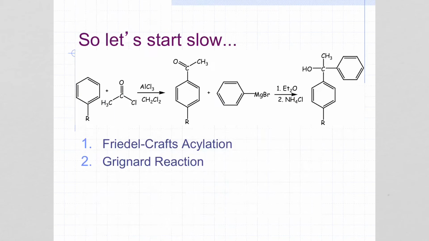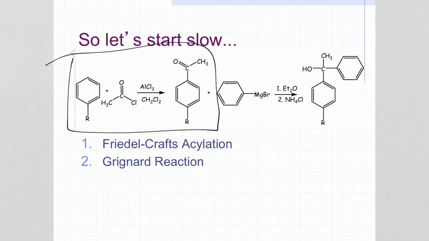But rather than doing a 150-step synthesis, I think that we should start slow, and we will do what is essentially a 2-step synthesis. The first step, this is what we're going to do next week. This is a reaction called a Friedel-Crafts acylation, and it is a version of an electrophilic aromatic substitution, the same kind of reaction that we did last week in the nitration of methyl benzoate.